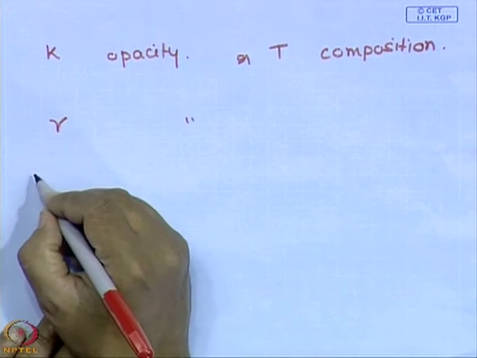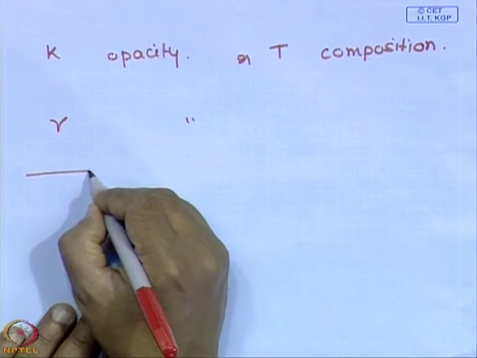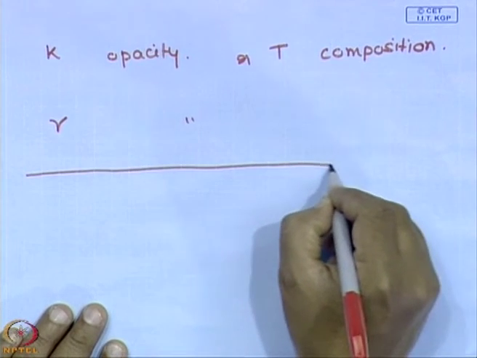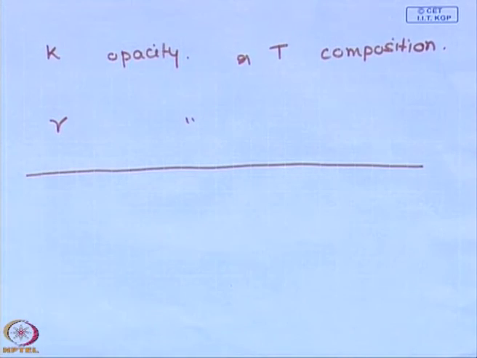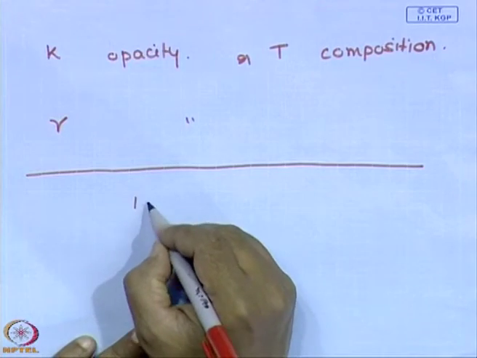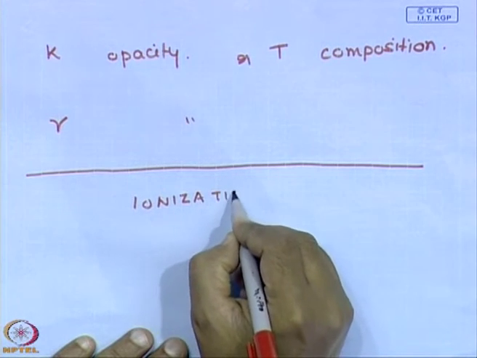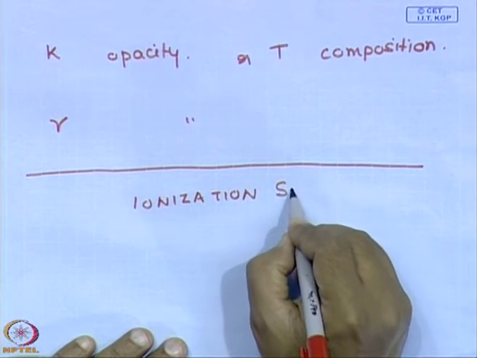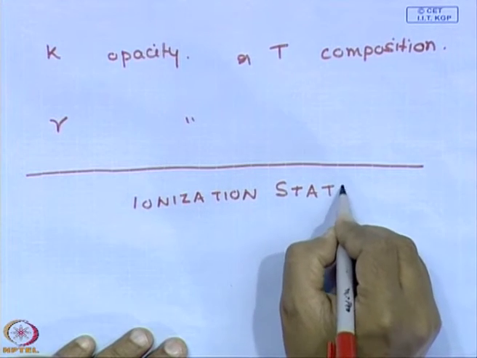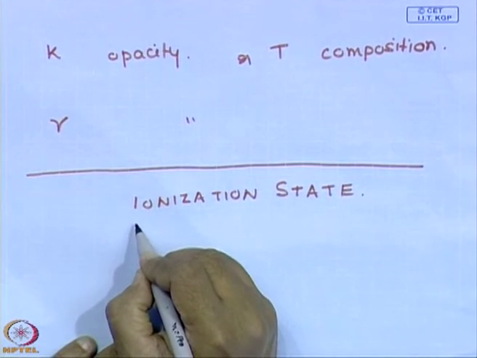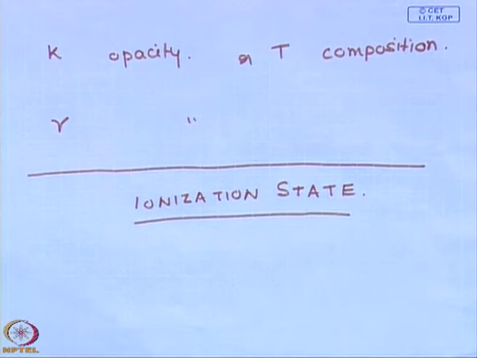In addition to all of these, one also needs to know the ionization state of the gas. One has to solve for this along the star.